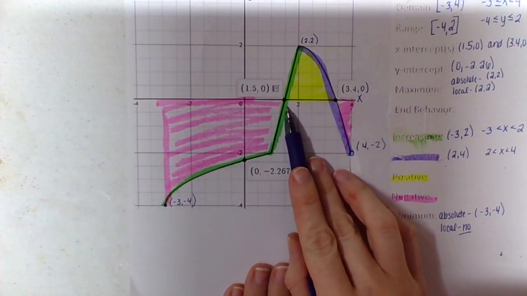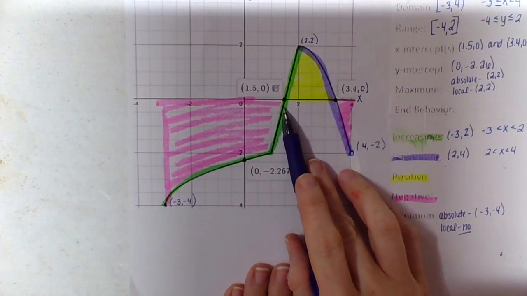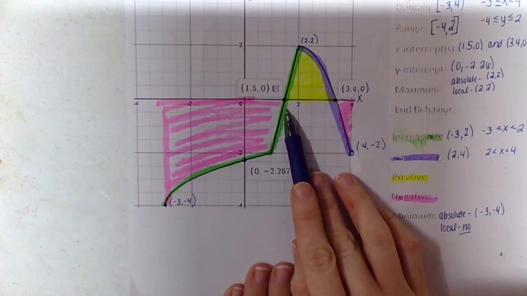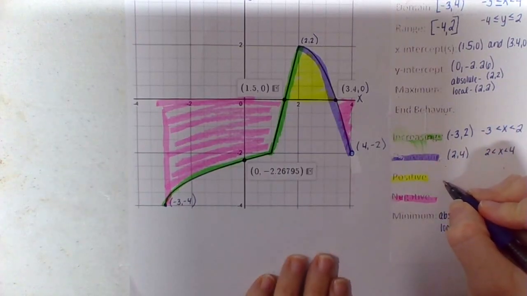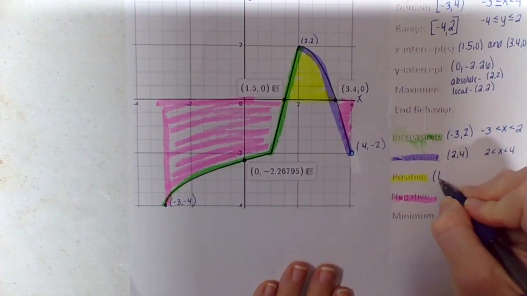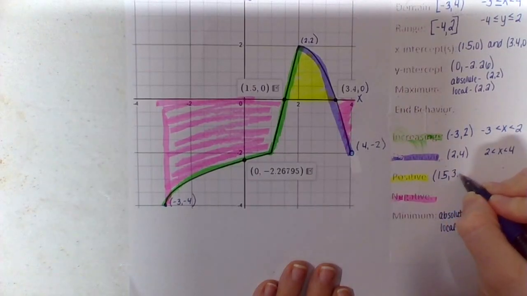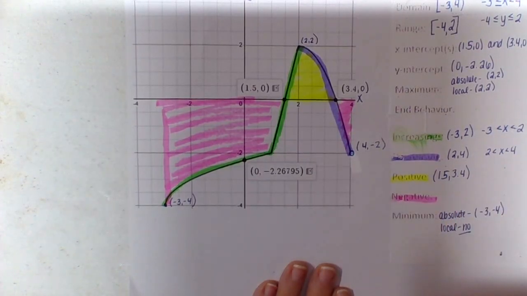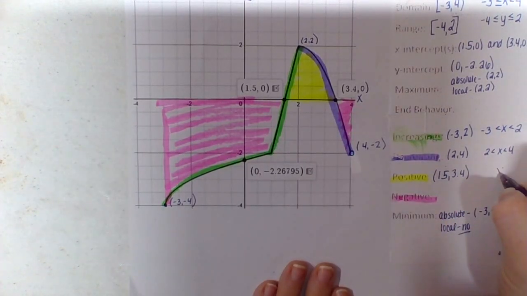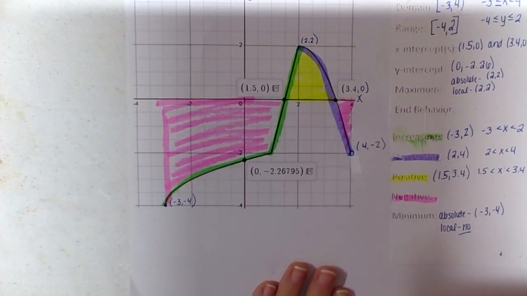So I become positive at, what point is that? 1.50. So I become positive at 1.5, and I stop being positive at 3.4. So any x's between 1.5 and 3.4 give me positive values.